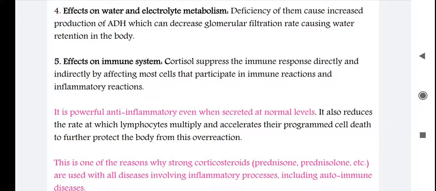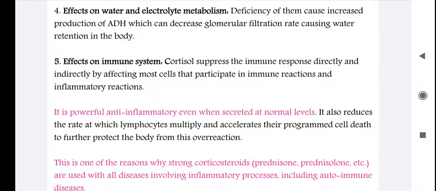Effect on the immune system. Cortisol suppresses the immune response directly and indirectly by affecting most of the cells that participate in immune reaction and inflammatory reaction. So it is a powerful anti-inflammatory even when secreted at normal level.